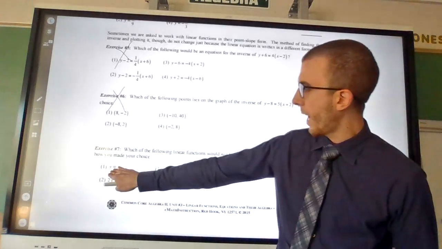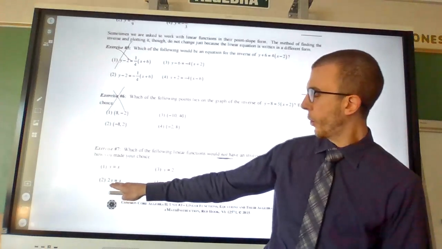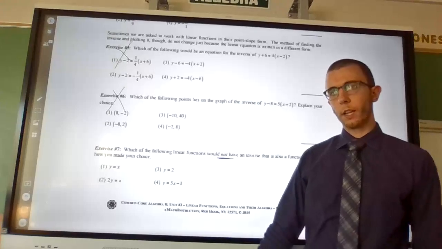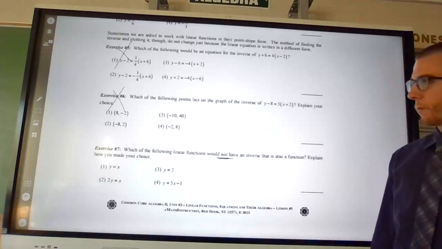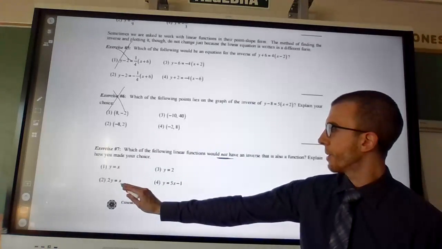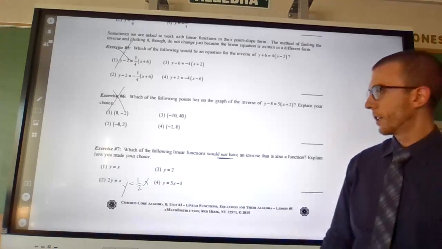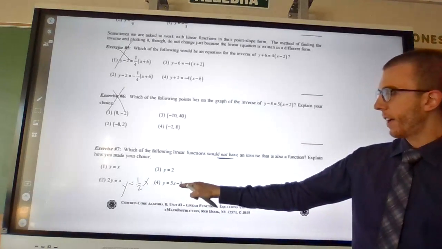Okay, this is y equals x, so we can enter that right away. Y equals 2 is good. 2y equals x needs to be manipulated a little bit. So we would divide both sides by 2 and get y equals 1/2 x. So now that one's good, that we can enter it. Y equals 5x minus 1.